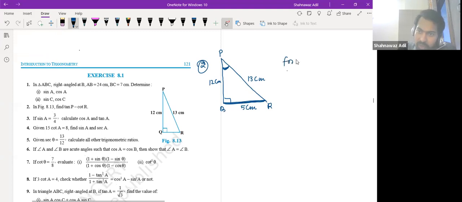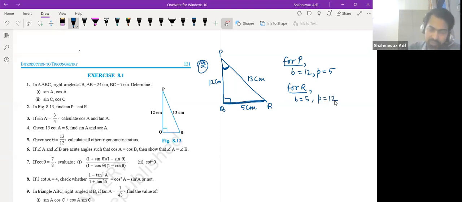So for P, base is PQ, and perpendicular is 5. Similarly for angle R, base would be 5, and perpendicular would be 12. So now we have to find out what is tan P minus cot R.